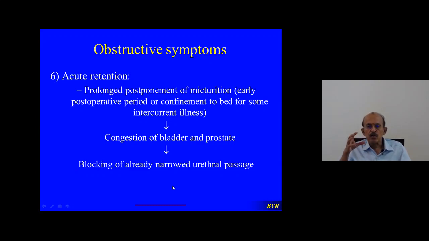That will lead to temporary postponement of micturition. This causes congestion of the bladder neck and prostatic urethra. Because of the congestion, there develops edema. With the edema, the partially occluded prostatic urethra becomes totally occluded. This makes the patient go into acute retention.